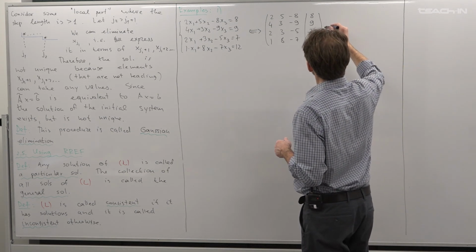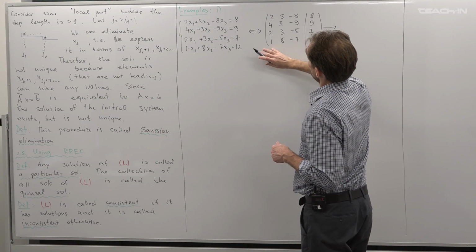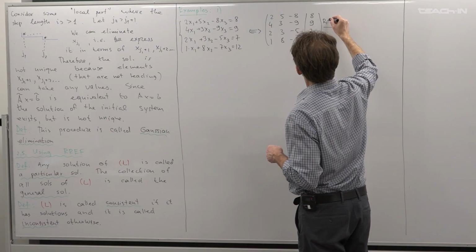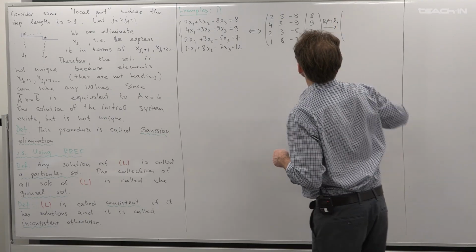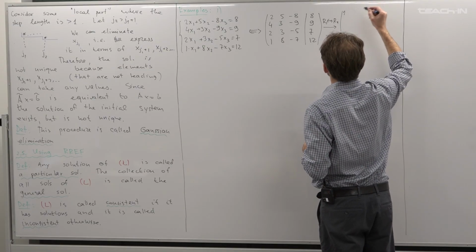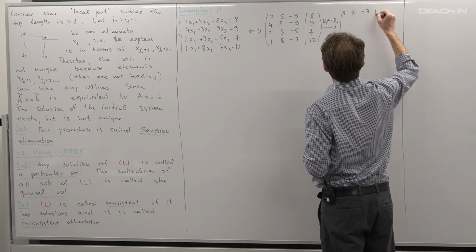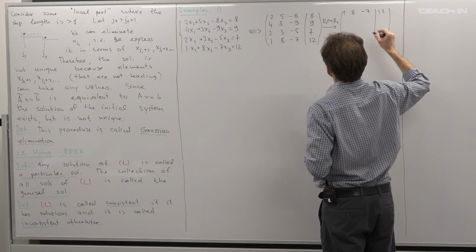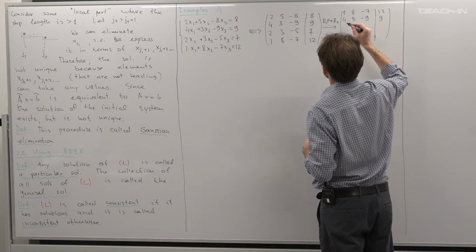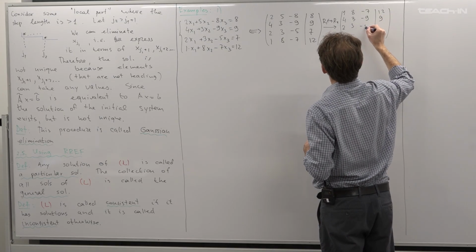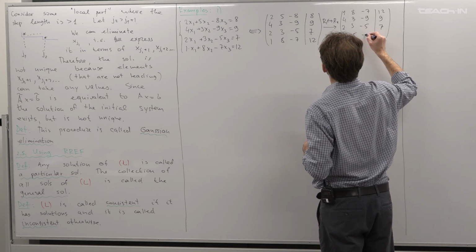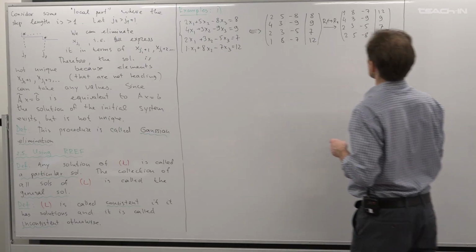So what am I going to do? First, I'm going to swap the first and the fourth rows, just in order to put one here according to the procedure in the proof of one of the theorems. So we keep the second row and the third row unchanged, and we have 2, 5, minus 8, 8 here.